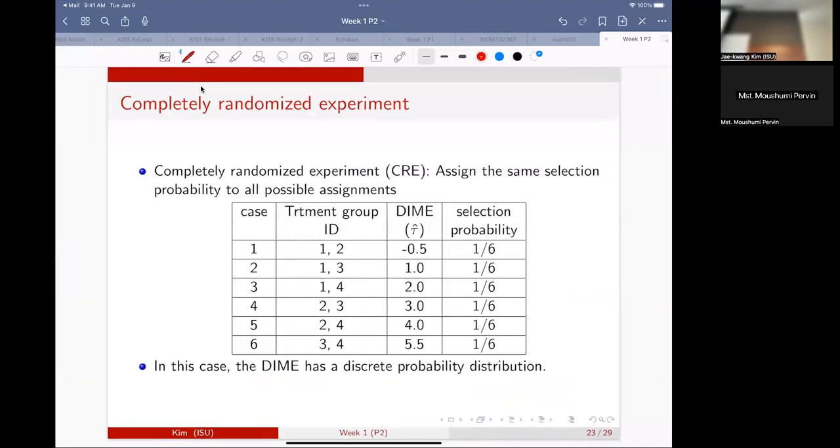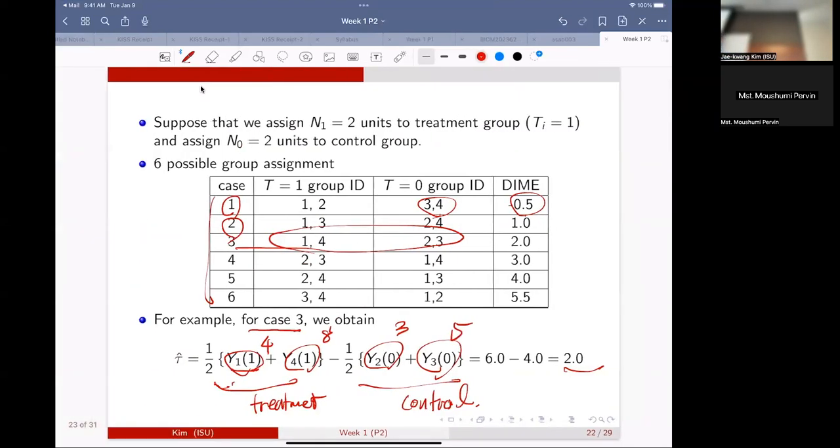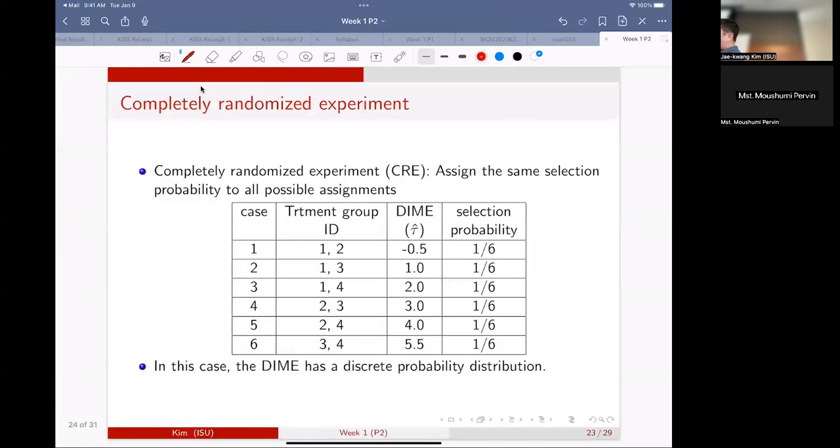Now, this one is not really statistics. Here it is just algebra, just calculation. But now we assign probability and give it some statistical meaning.